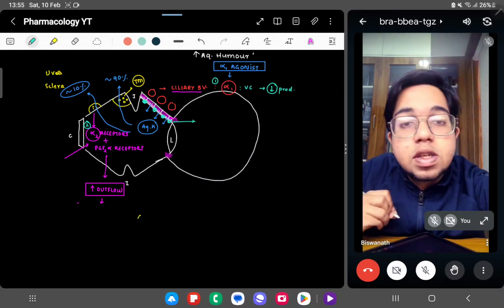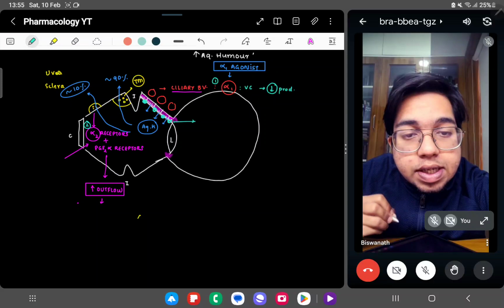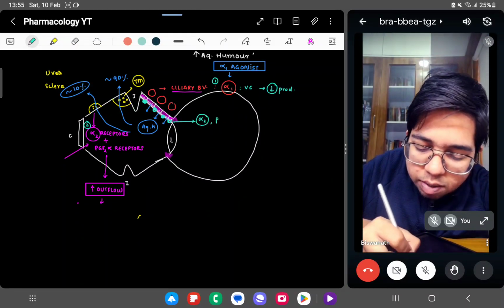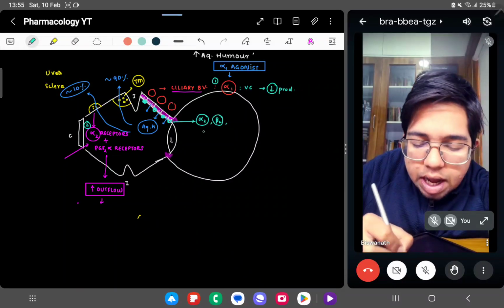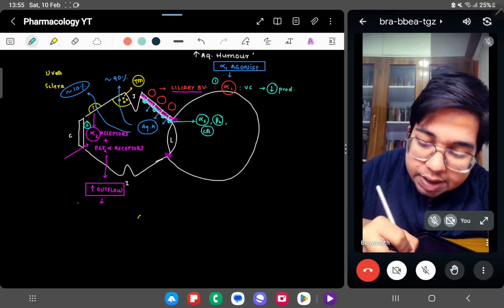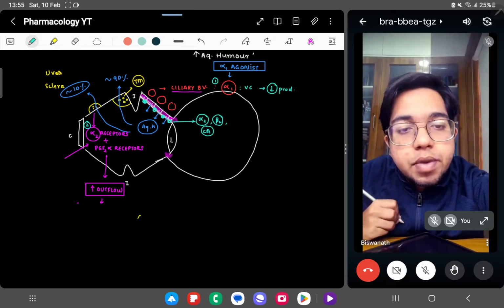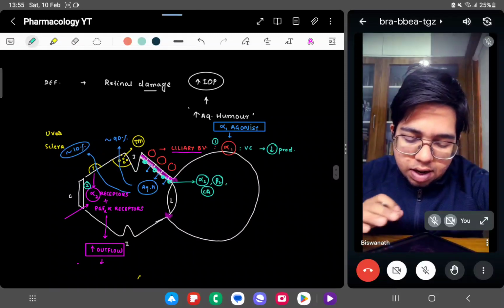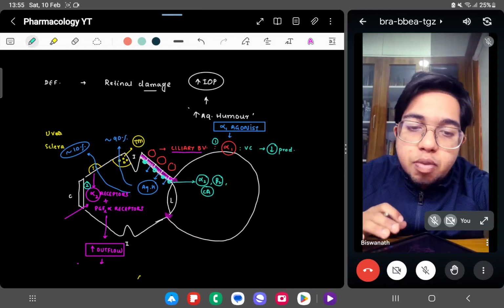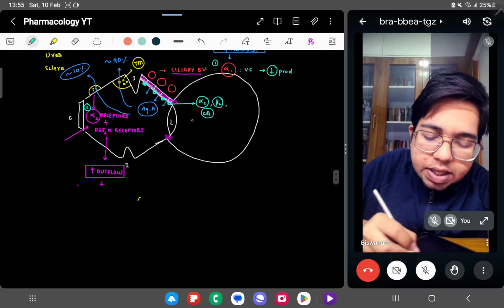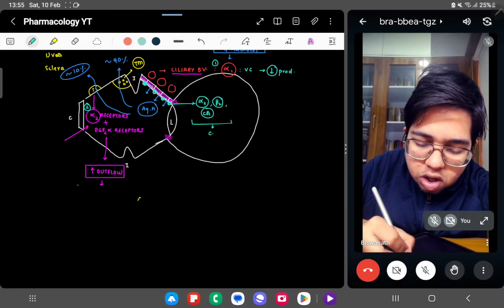On the ciliary epithelium, we will have alpha 2 receptor, beta 2 receptor, as well as carbonic anhydrase receptors. So these three, alpha 2, beta 2, and carbonic anhydrase receptor, are present on your ciliary epithelium.